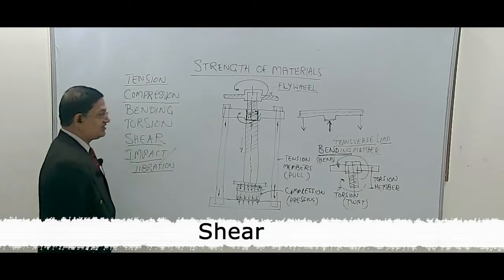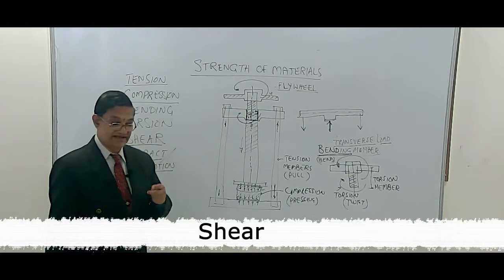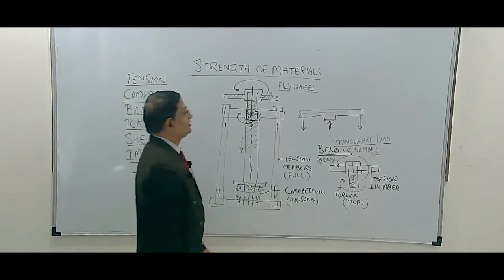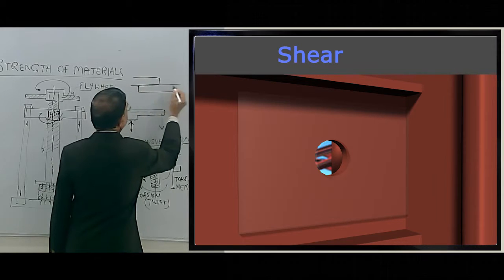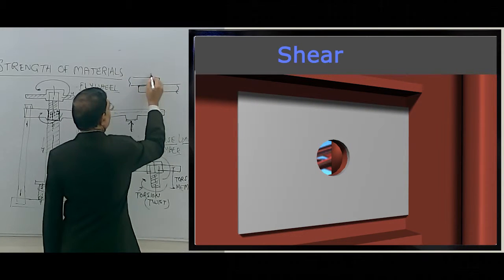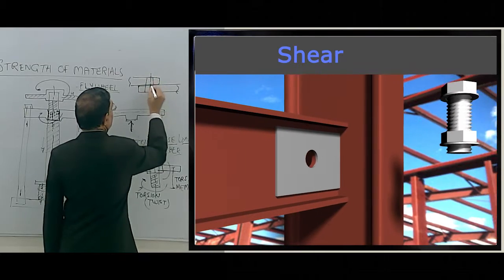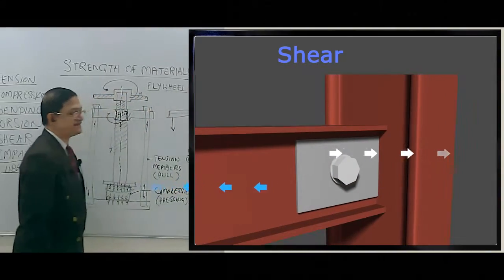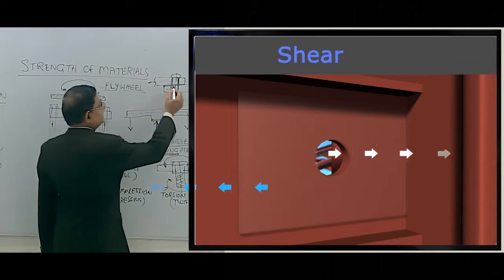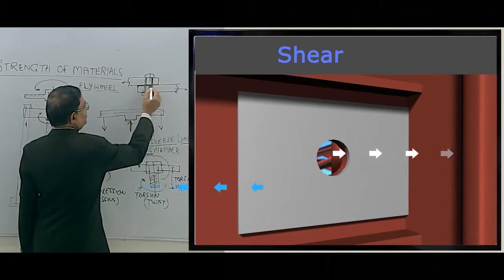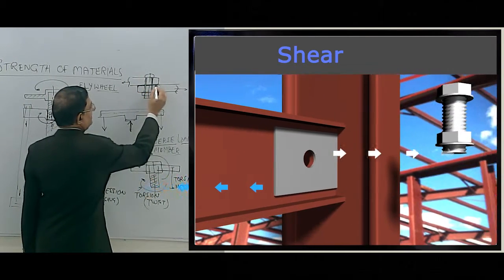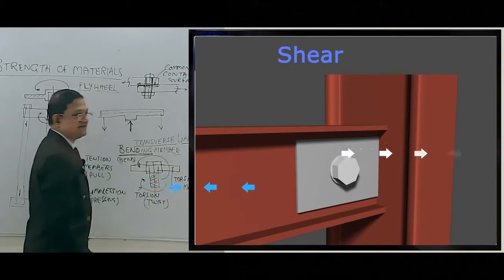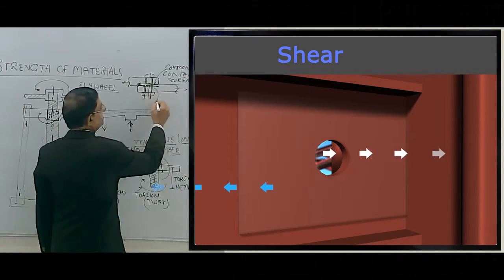To understand the shear, we will go for a simple example in the form of the joint of two plates. Now, if we take two steel plates which are connected by a bolt system, the two plates are pulled in opposite direction, and the section of the bolt which is at the common contact surface is subjected to forces in opposite direction, which is called shear.